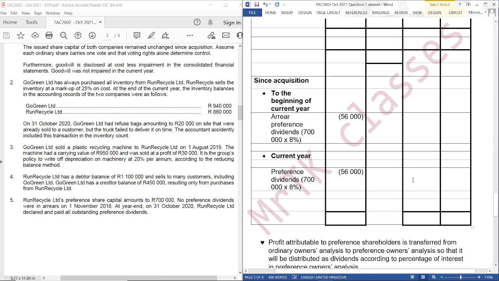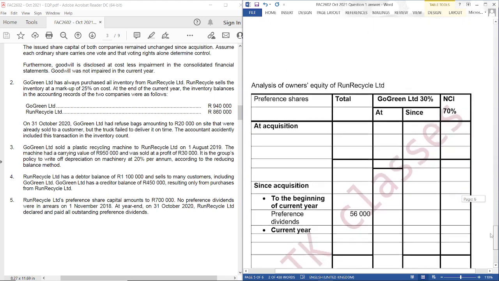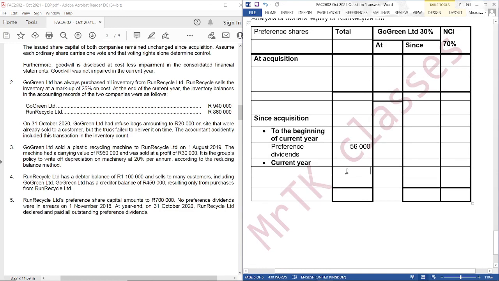Then that 56,000 should come here under our current year, right? This is attributable profit, right? This is attributable profit.